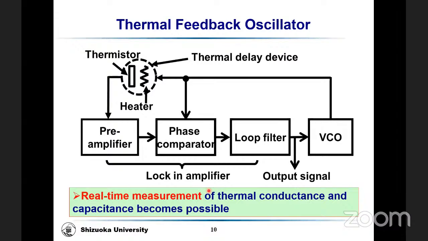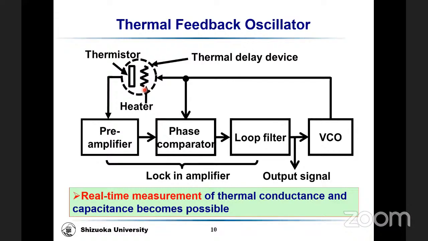And in the next step, in order to realize the real-time measurement of thermal conductance and the specific heat, we tried with the thermal feedback oscillator. As I explained, when the driving frequency of the heater becomes high, temperature fluctuation of the heater cannot follow the rapid change of the alternating current.